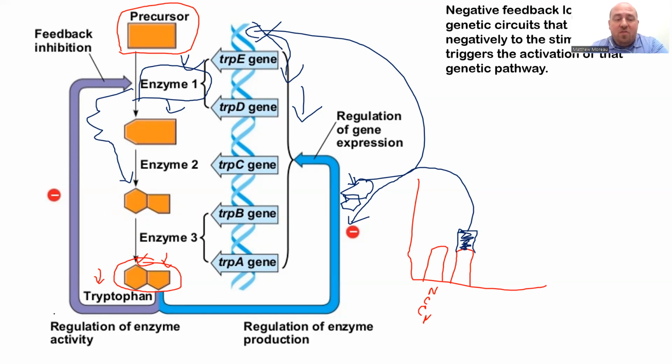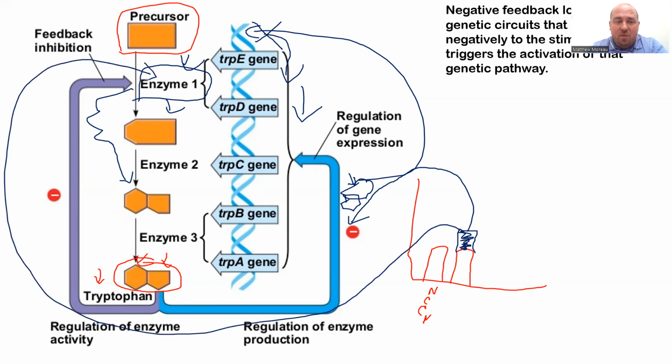So the feedback inhibition works by, again, taking this excess tryptophan, and it then binds to enzyme 1. And again, I will remind you, these are typically, so like here's the enzymatic cleft, right? They might bind to like this kind of cleft here, the allosteric site. So most of this is allostery.